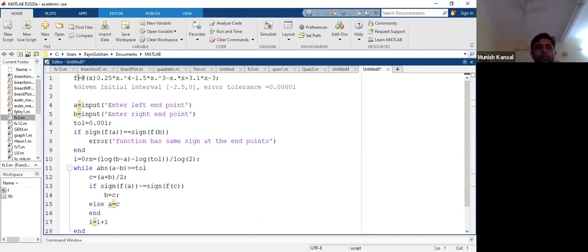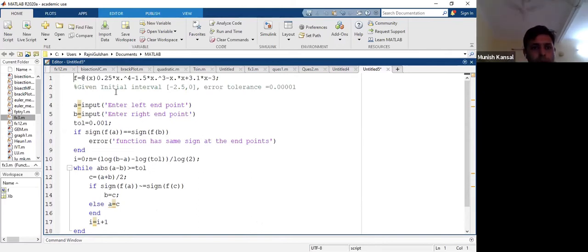So the first function is this. Let me cross verify the function value. This is the function 0.25 times x raised to the power 4 minus 1.5 into x cube minus x square plus 3.1 into x minus 3, right?